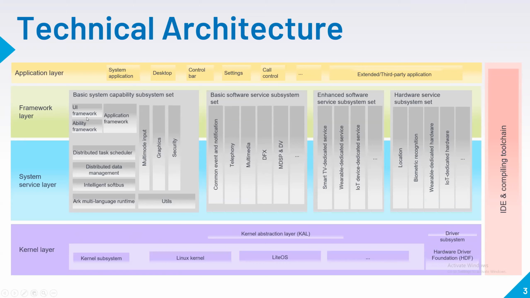So we use telephony stack basically for signals and calls. So that is definitely not needed for smart TV. So in the enhanced subsystem, we only need a smart TV dedicated service stack. And in the hardware, we might not need a location, biometric, wearable subsystems.